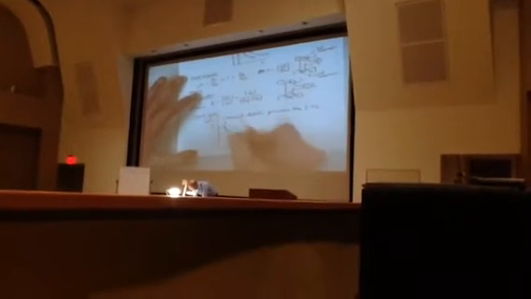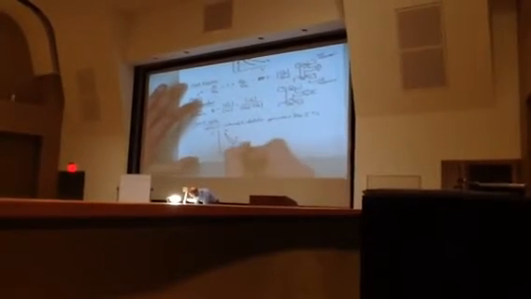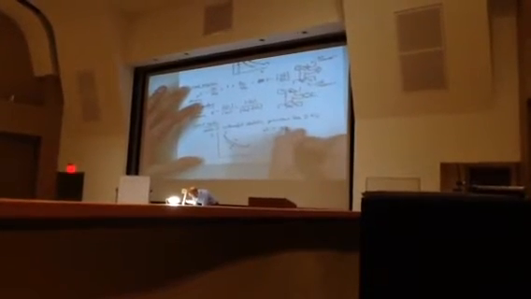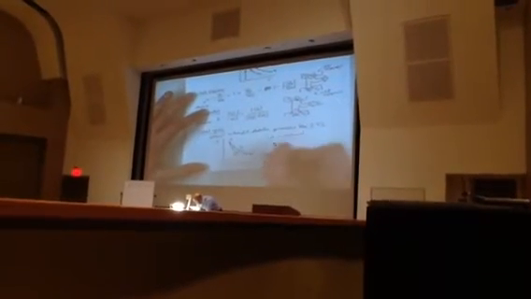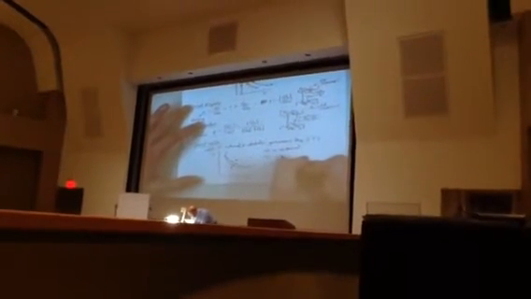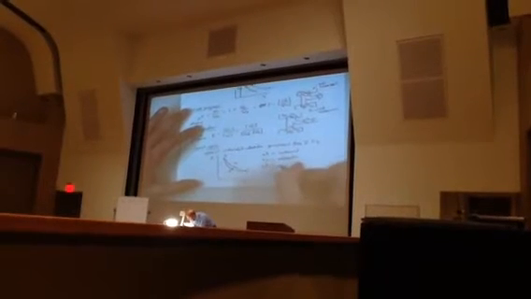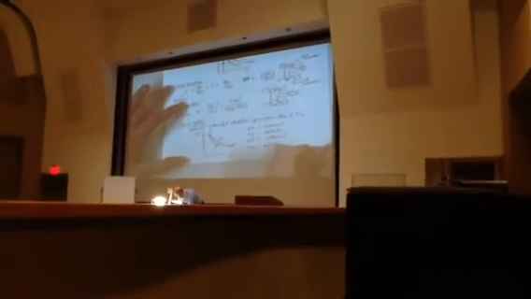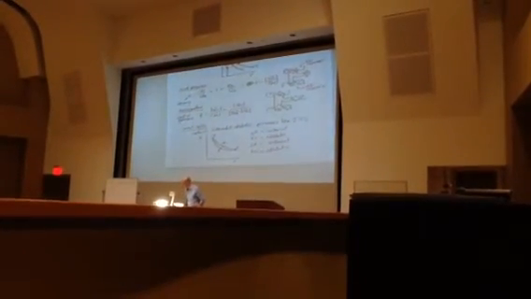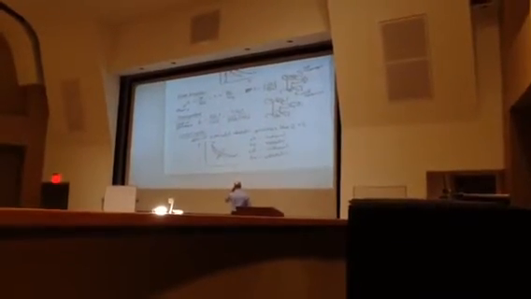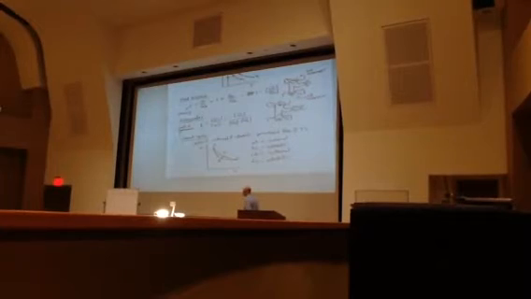So this is A, that's B, that's C, and that's D. From A to B would be isothermal. From B to C would be adiabatic. From C to D would also be isothermal. And from D to A would again be adiabatic. And we would go through that process by traveling around through these four states in a cycle.